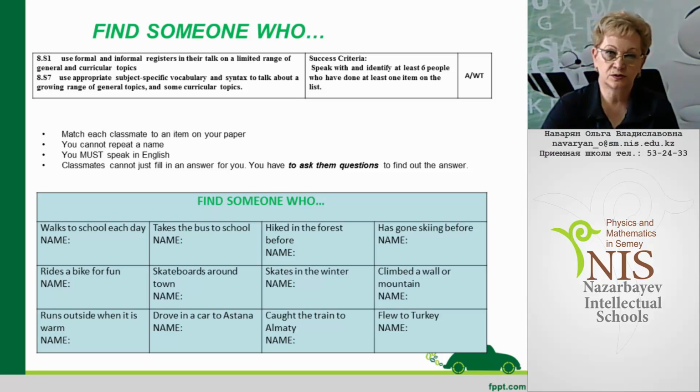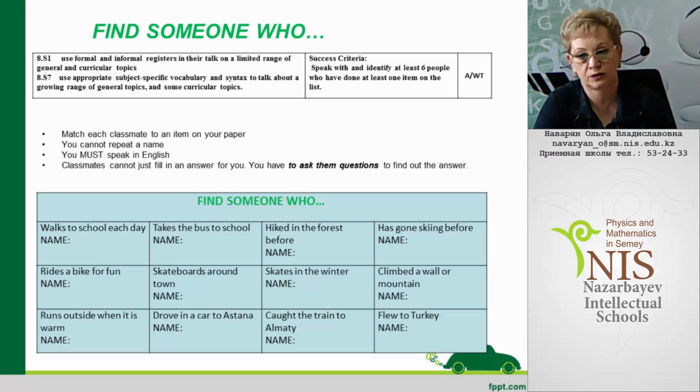This activity is also maybe for the beginning of the topic or maybe for the ending of the topic. Find someone who, and children usually like it very much. For objectives for this activity, S1 and S7, and it is more useful for 8th grade students rather than for 12th grade students.